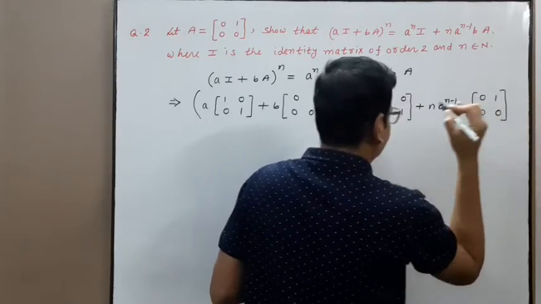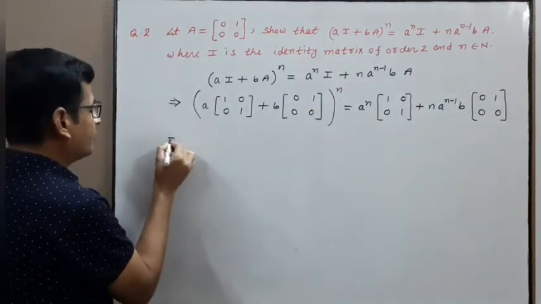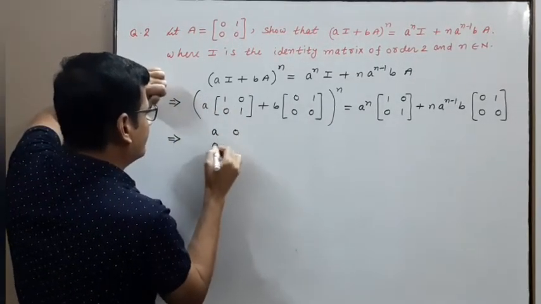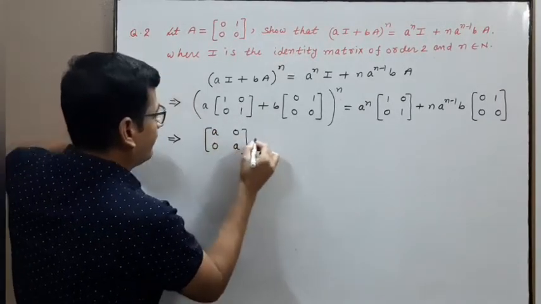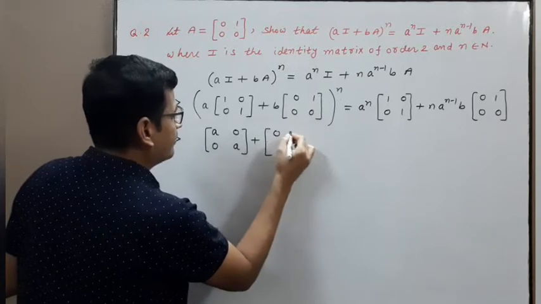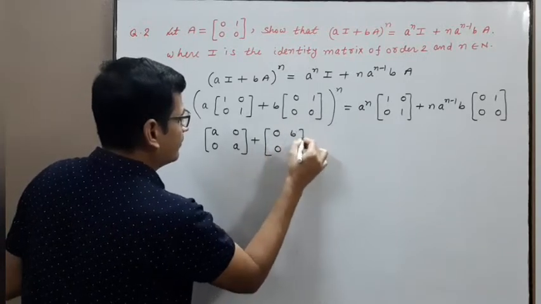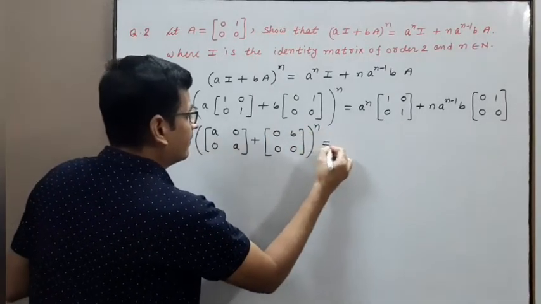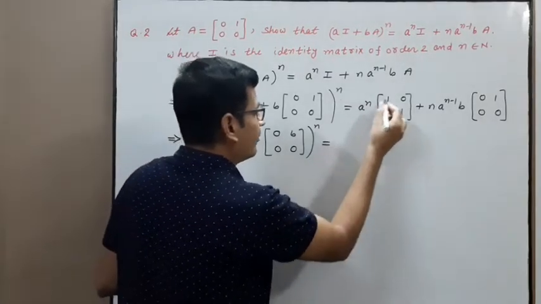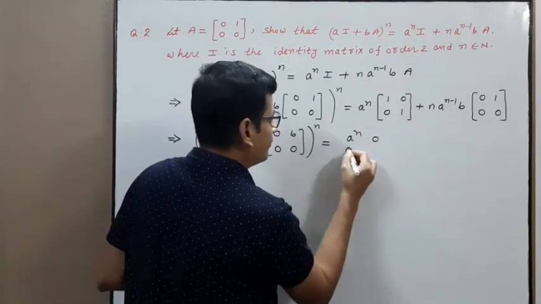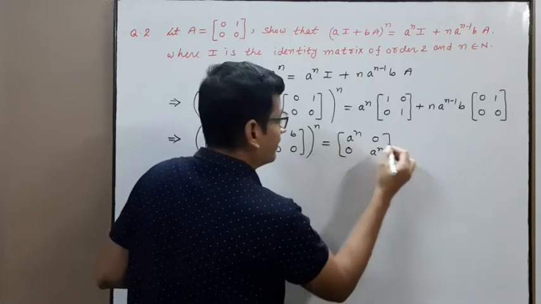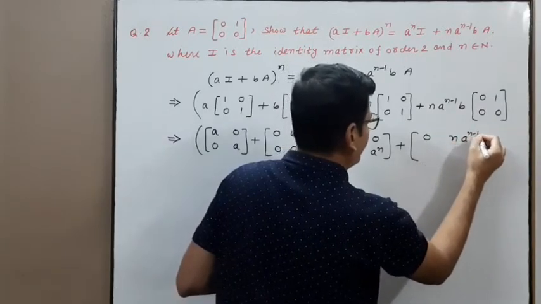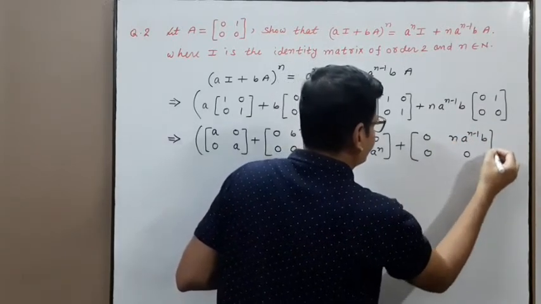We can also write this matrix as a, 0, 0, a, plus b into this, 0 b 0 0, raised to the power n, is equal to a raised to power n into 1, 0, 0, a raised to the power n, plus this into this, so 0, n into a raised to power n minus 1 b, 0, 0.